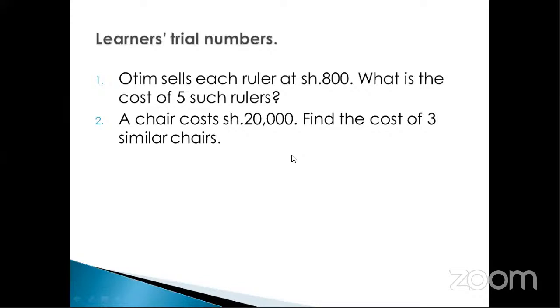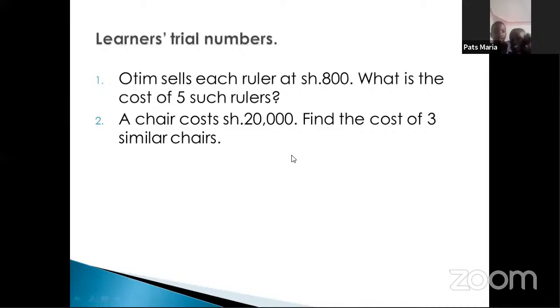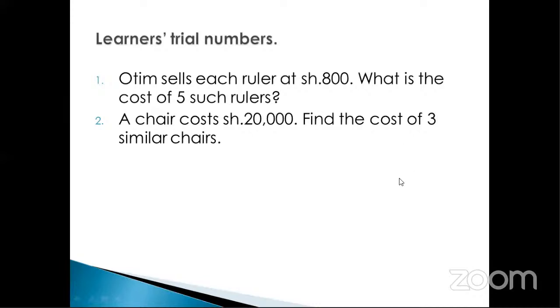Okay, how about McKenna? McKenna, how did you do yours? I got 200 shillings. That is not 200 shillings. Check that amount properly. What is that amount of money? 0 times 3.